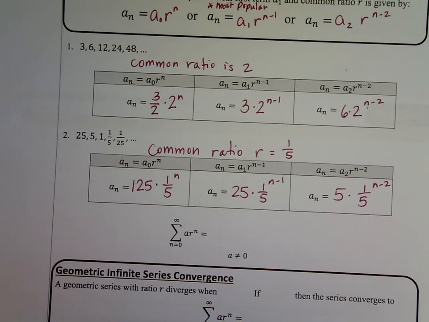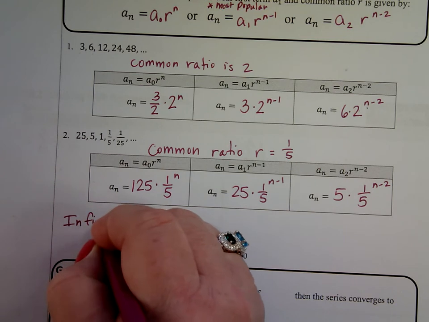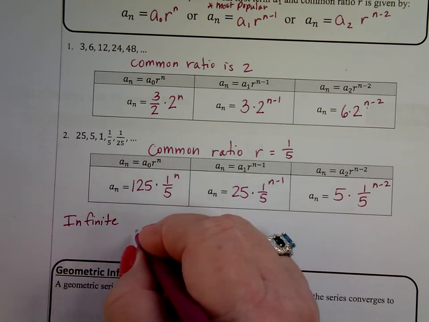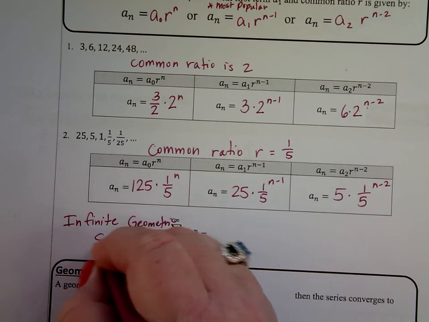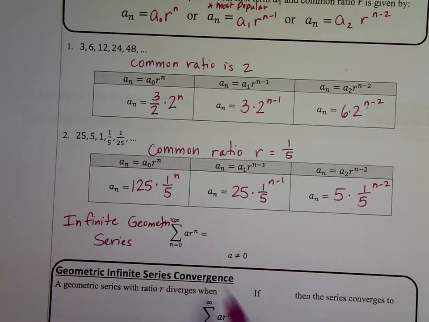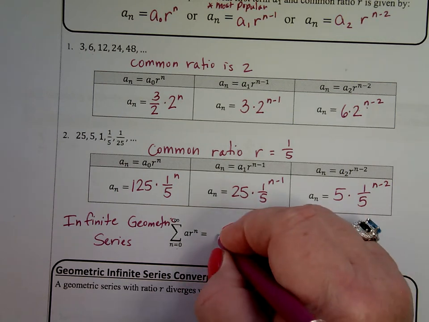So the sum, this is an example of an infinite geometric series. Why? Because it goes to infinity. It's a sum that goes to infinity. Notice this time that my first starting term is a 0. So my first term is actually 0 for my n, which leaves me with r to the 0, which is 1, which leaves me with the first term of just an a.